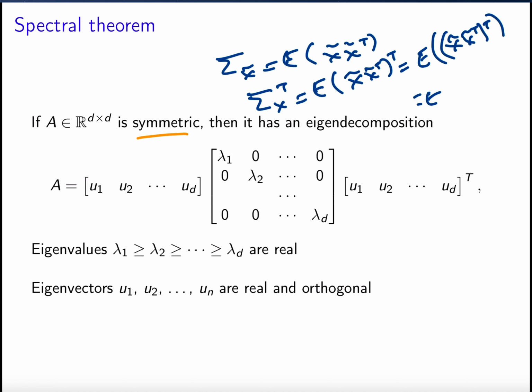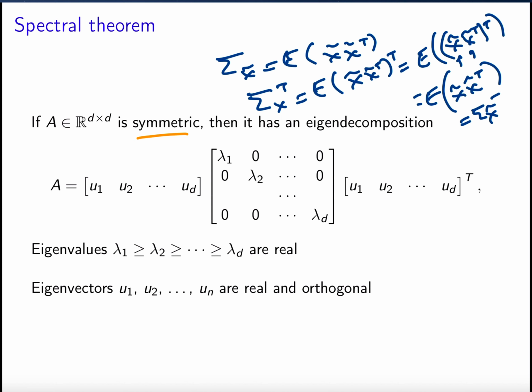And when we transpose an outer product, we get the transpose of this guy, which is X, times the transpose of this guy, which is X transpose. So this shows you that the covariance matrix is equal to its transpose.